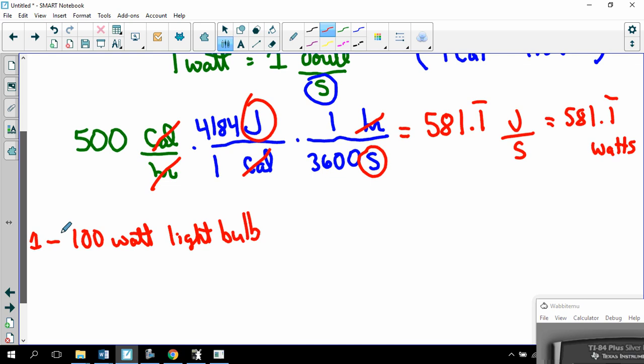Really, you can light not one light bulb but 5 100-watt light bulbs, almost 6.